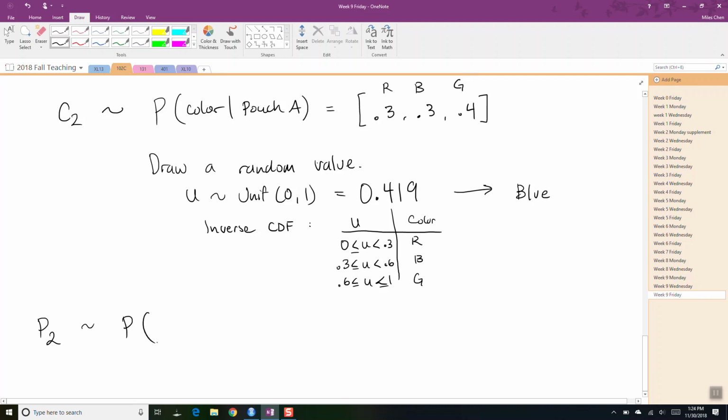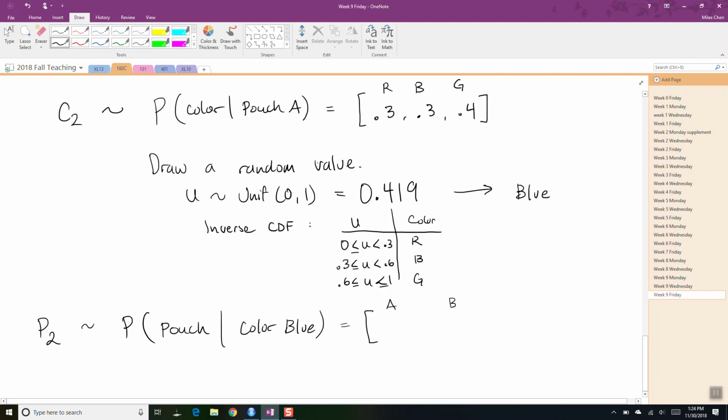Now that I have blue, P2 is going to come from the distribution of pouch given color blue. What's the distribution of pouch given color blue?